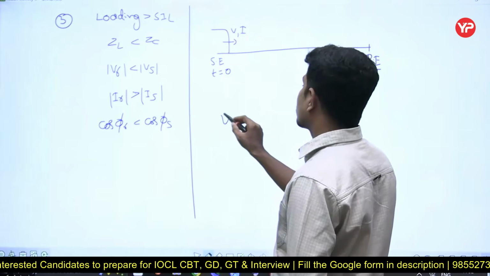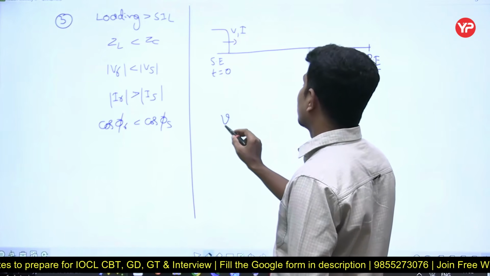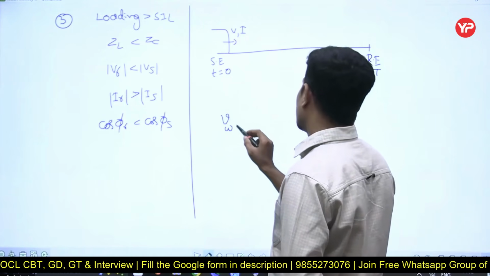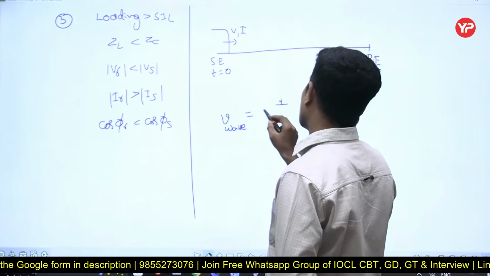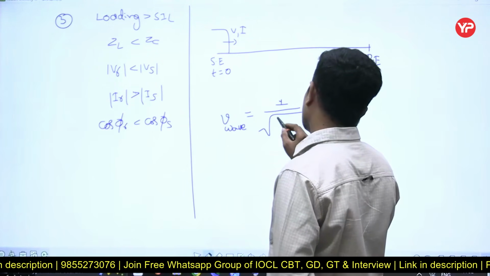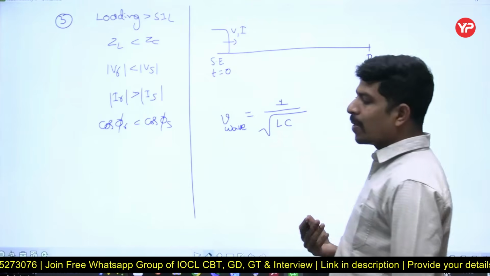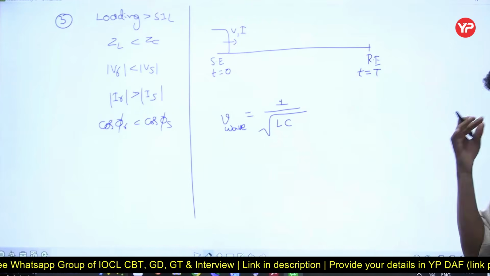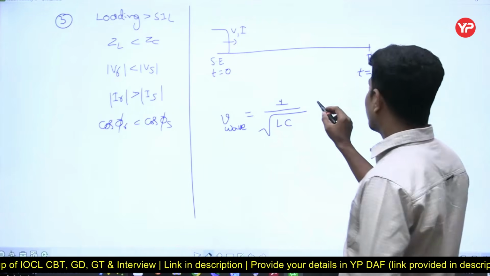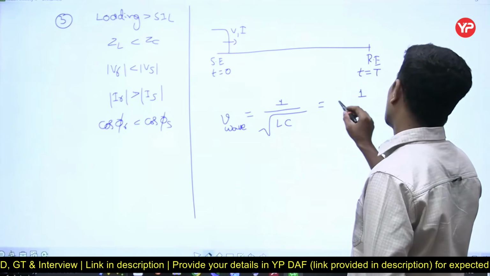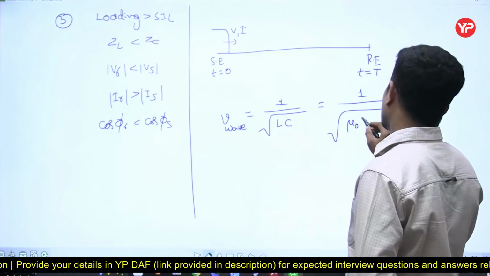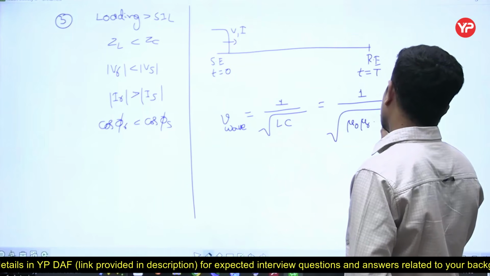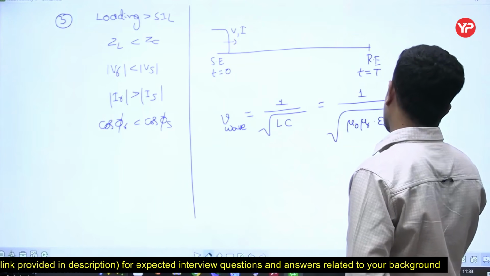Now, the velocity of the traveling wave is equal to 1 by under root of LC. That is going to depend on the inductance and capacitance of the transmission line. If you do that, you are going to get 1 by under root of mu naught into mu r, epsilon naught into epsilon r.